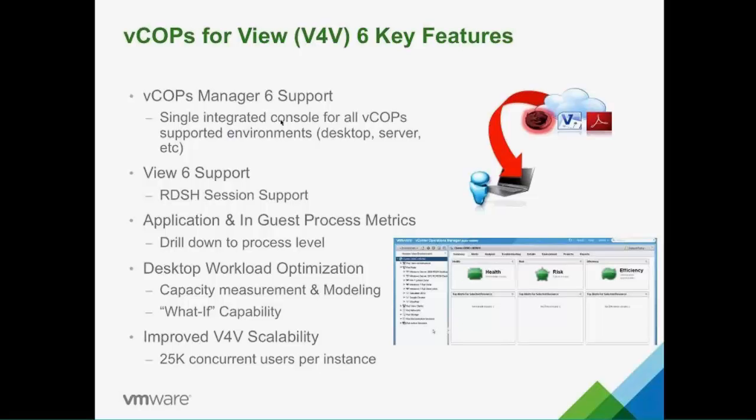So in addition to seeing their Horizon servers and their desktops and all of this sort of stuff, they're also going to be able, down to the process level of the application, to see the performance of the RDS hosted application either through the pool or at the individual layer. Right? This is tremendous. In addition, we've increased scalability up to 25,000 users with just one deployment of vCOps for View.